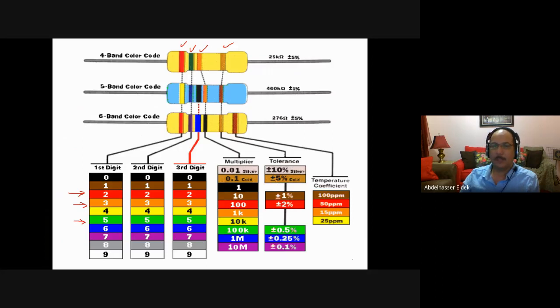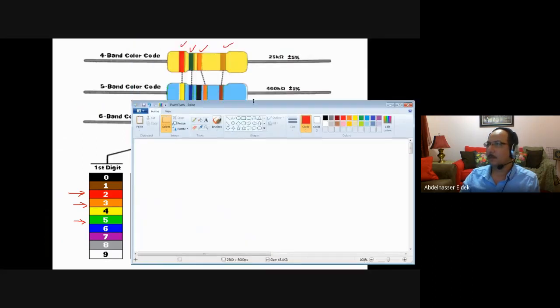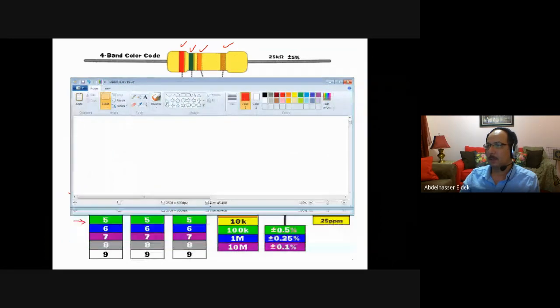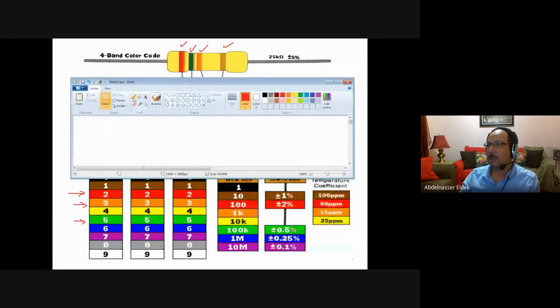So how can we read this resistor? To read the resistor, simply you just put the numbers. The first color is red, which is 2. Second color is green, which is 5.